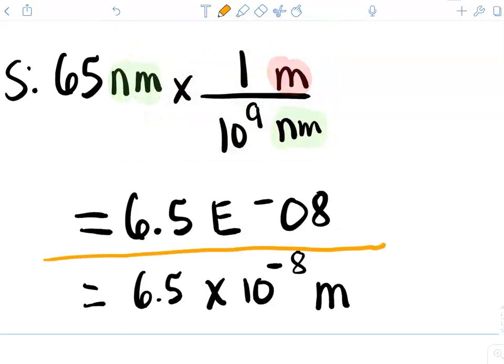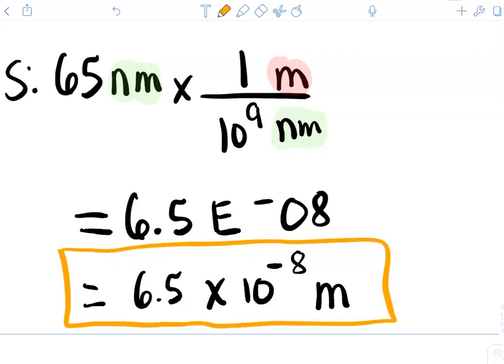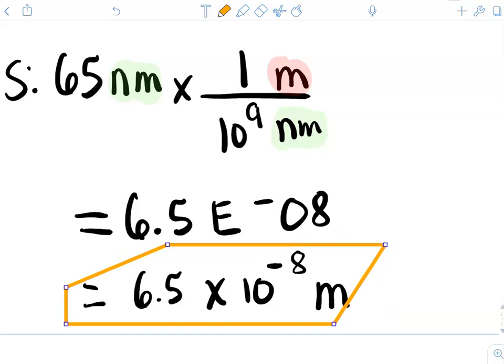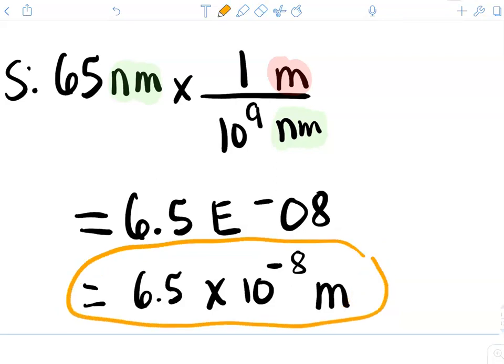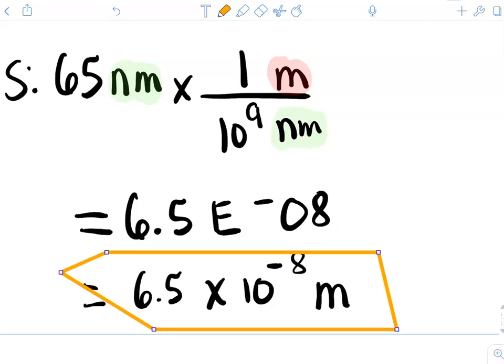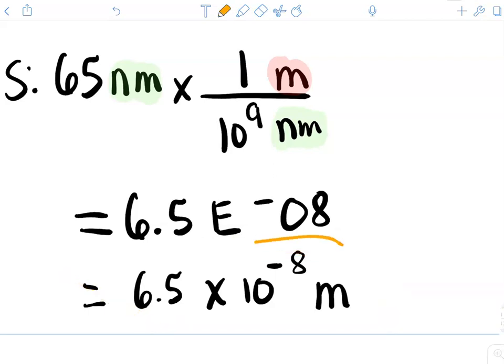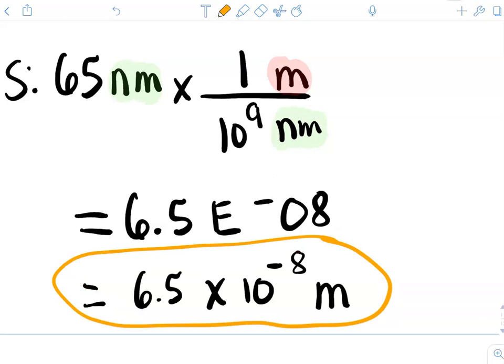If you don't have the unit, then it will be wrong because I don't know what you are talking about. Okay, and that is going to be it for our single step dimensional analysis.